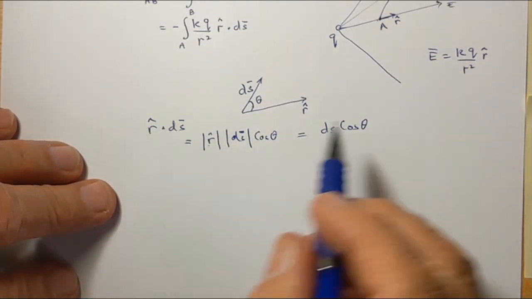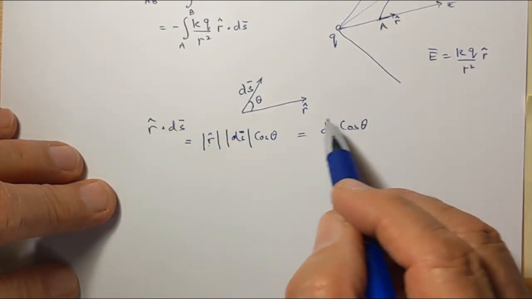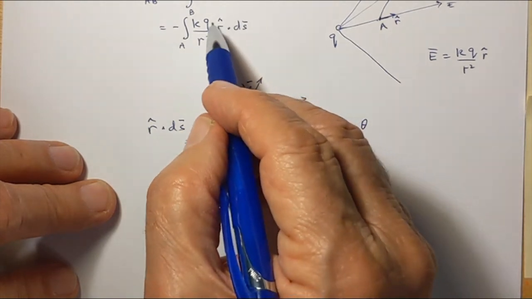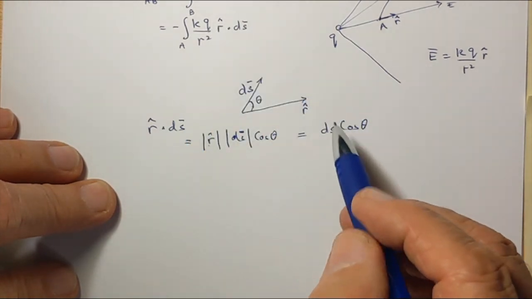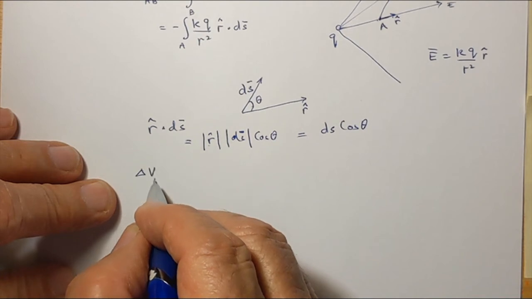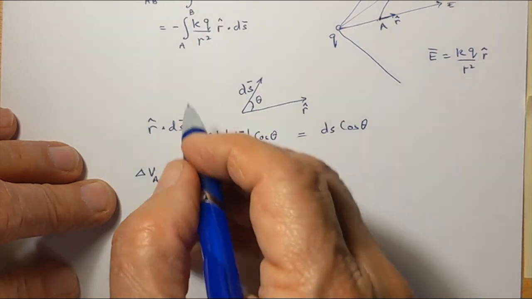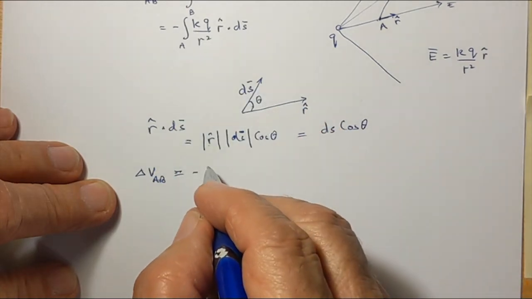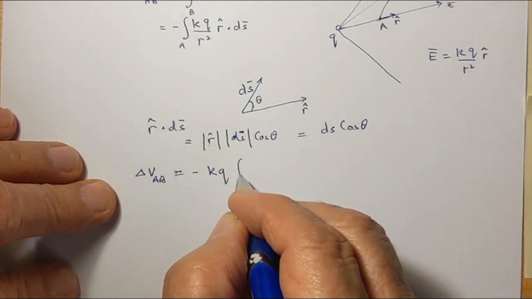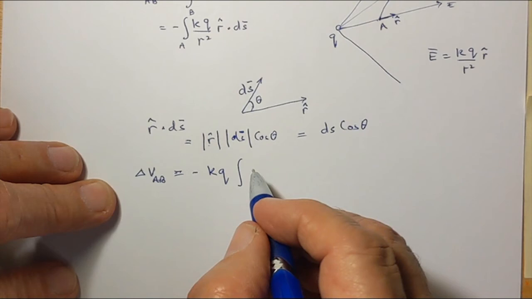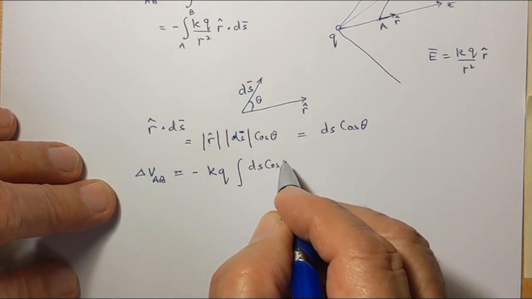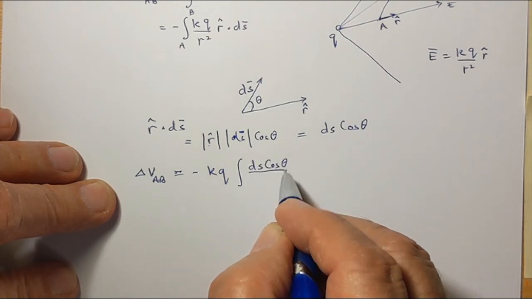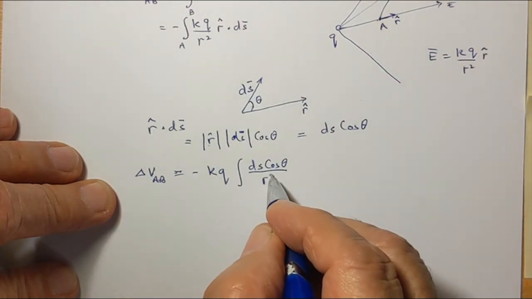So r dot ds is simply ds cos theta, and this is a scalar, and we can replace the r dot ds with r ds, and so our delta V AB becomes minus, we can take the k and the q outside, so it becomes kq, and the integral of r dot ds becomes ds cos theta over r square.